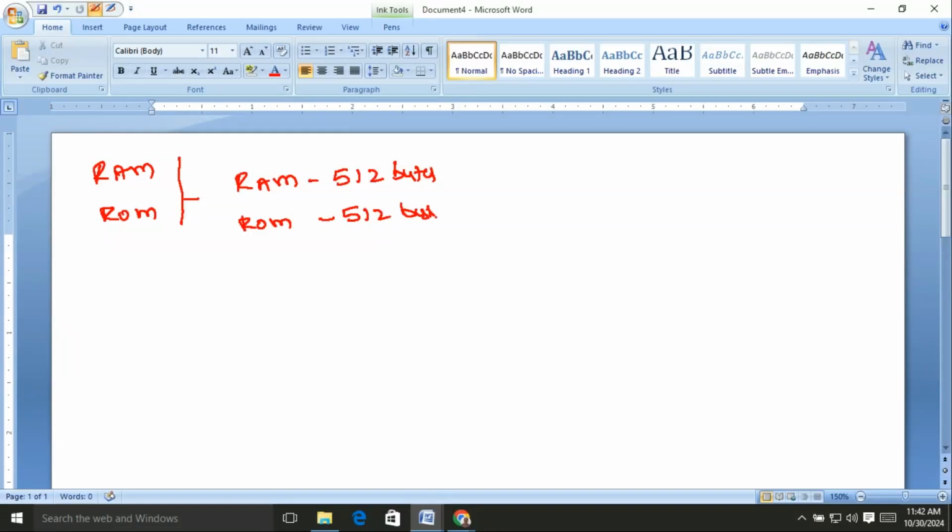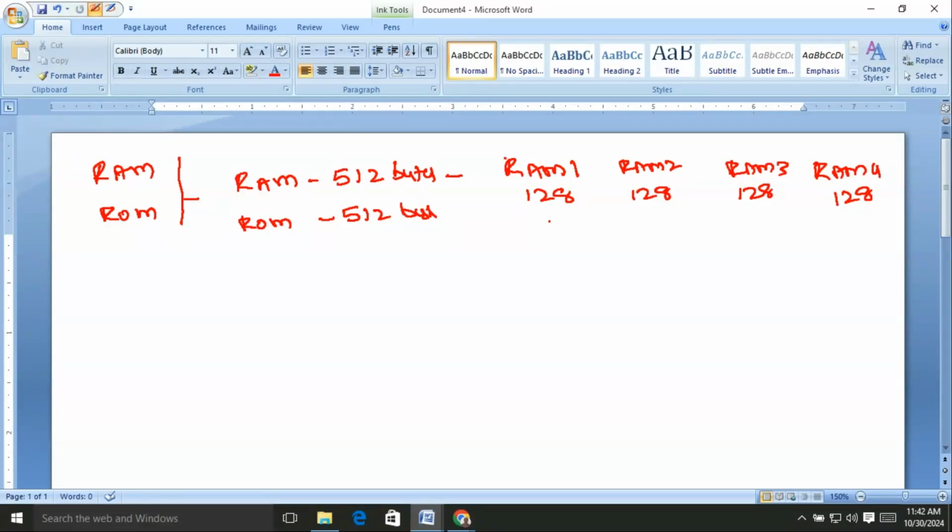But I am going to divide the 512 bytes of the RAM into 4 RAM chips. That is, RAM chip 1 consists of 128 bytes, RAM chip 2 consists of 128 bytes, RAM chip 3 consists of 128 bytes, and RAM chip 4 also consists of 128 bytes.